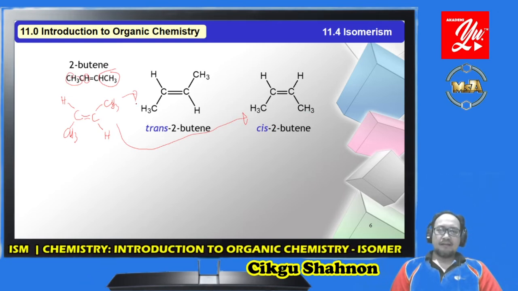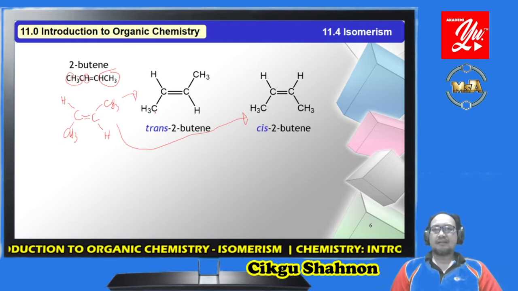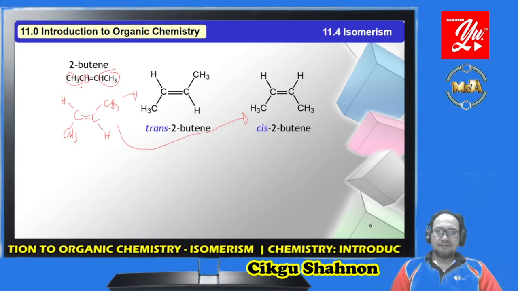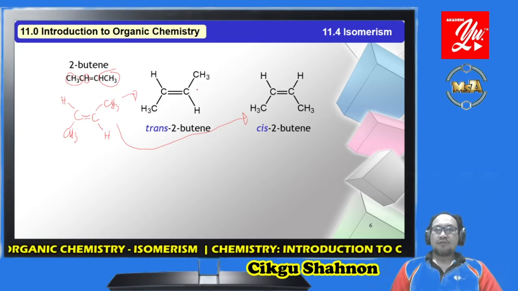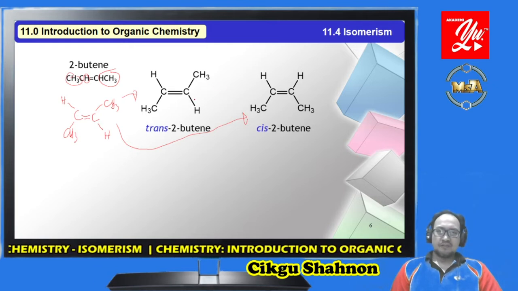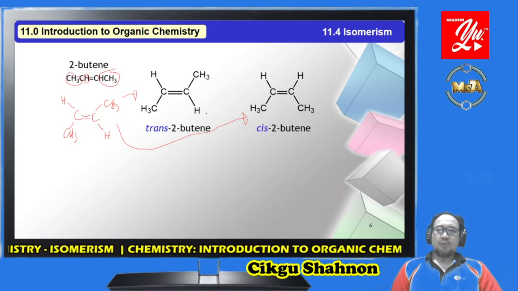Okay, and for this side, we just maintain H up here, and CH3 down here. Okay, for this 2-butene, actually we can draw two different types of molecule. We call it cis-trans isomers.